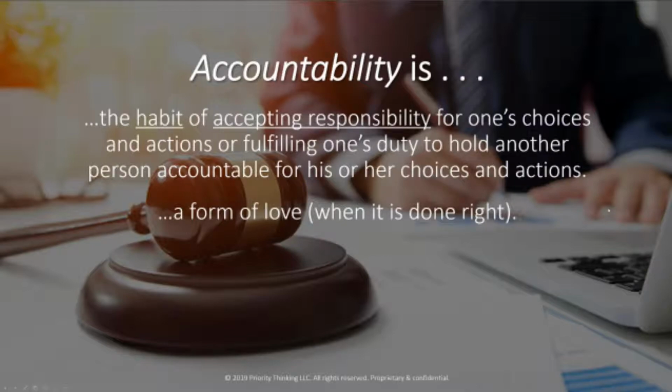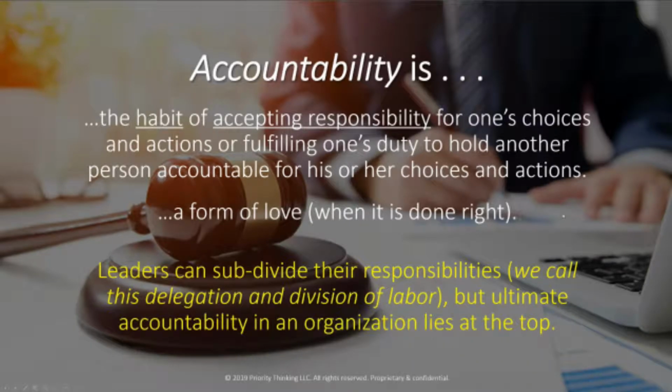So accountability is a necessary activity as a professional, maturing a human person, growing our children into adolescence and then into adulthood. It's an essential activity to fully form a human personality and person. Now for leaders, leaders can subdivide their responsibilities, and in fact they need to.